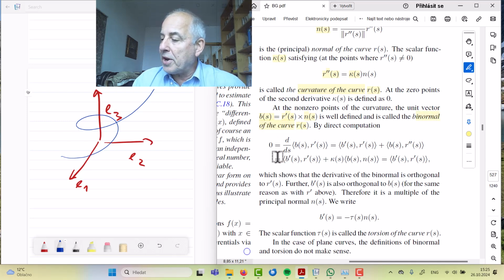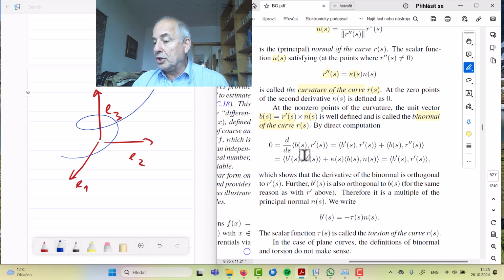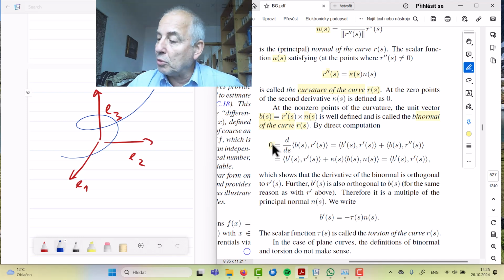And now there is a very straightforward direct computation that the scalar product of B with r' is 0, right? Because it's all the time perpendicular to each other. I already explained that. So if we differentiate 0, constant 0, then we get again 0, so it's okay.